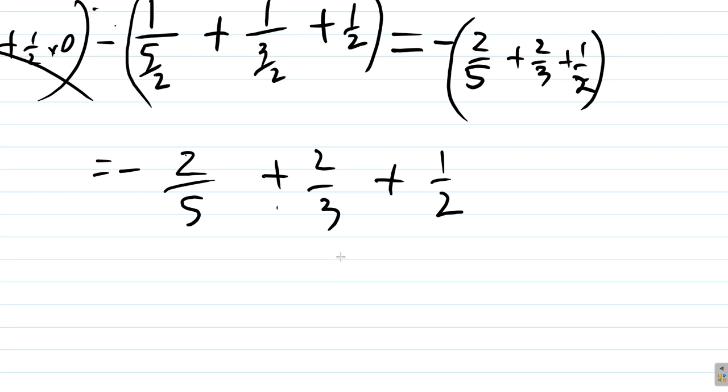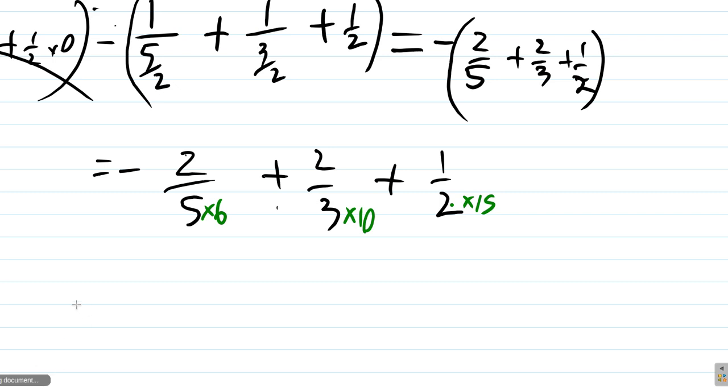Alright. So if we multiply the 5 by 6, we get 30. If we multiply the 3 by 10, we get 30. If you multiply the 2 by 15, we get 30. Okay, so common denominators. We want the same number in the denominators throughout. So we get 30 throughout.